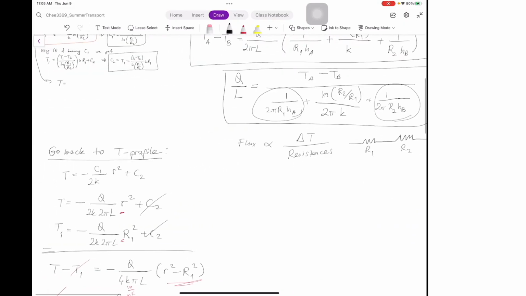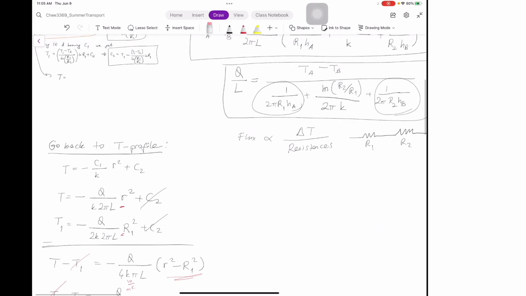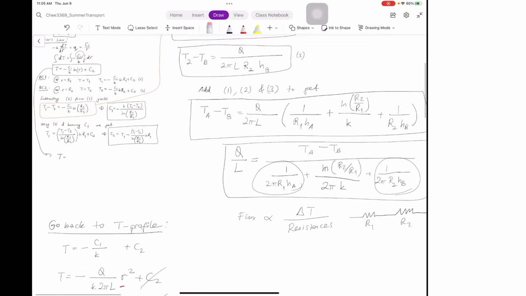Now the units should make sense. Let's go back to the T profile we said. Let's plug in the C1 this time, which is Q over 2 pi L, so you don't have this and you don't have these.